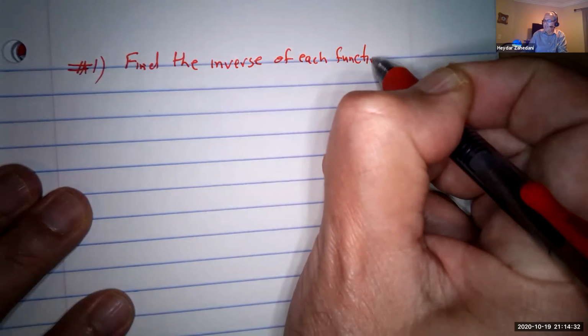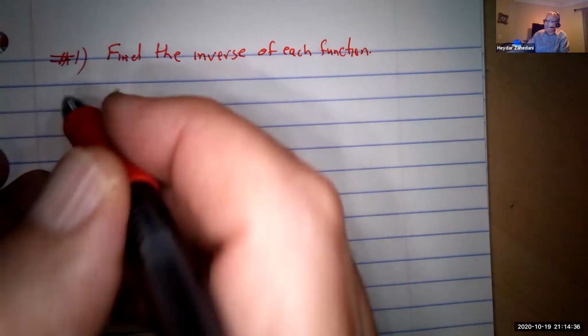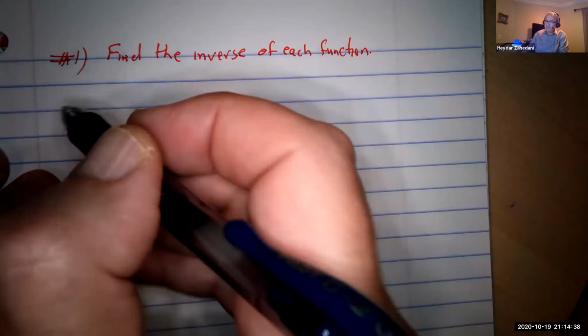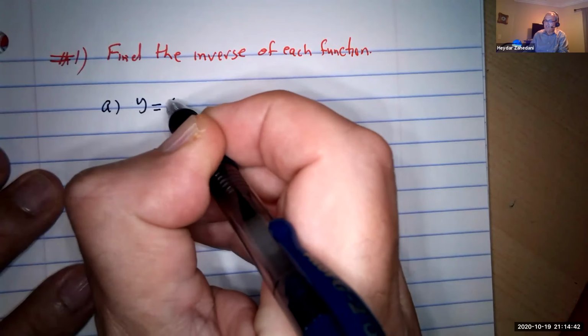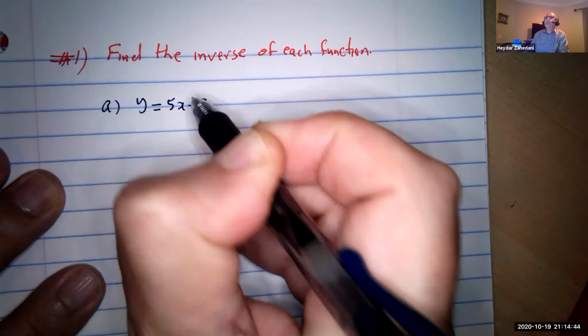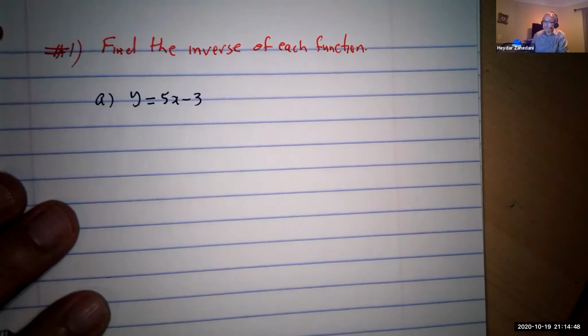We repeat it again, and these are the candidates. The first one, an easy, straightforward one, y equal to 5x minus 3. Everybody did this one right.